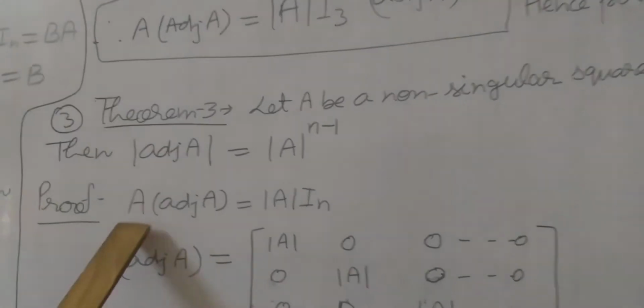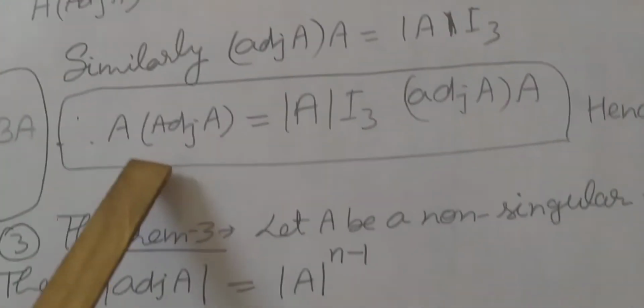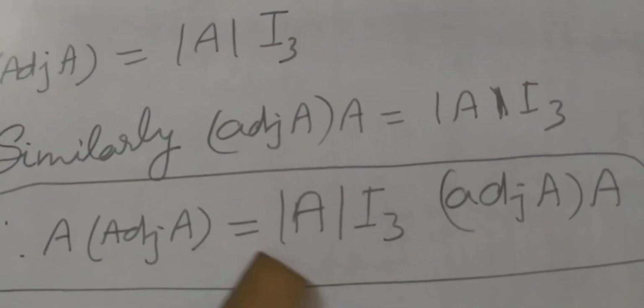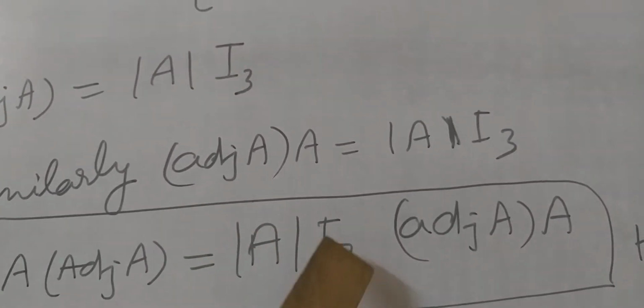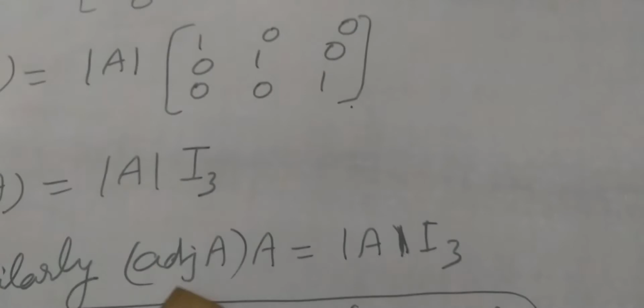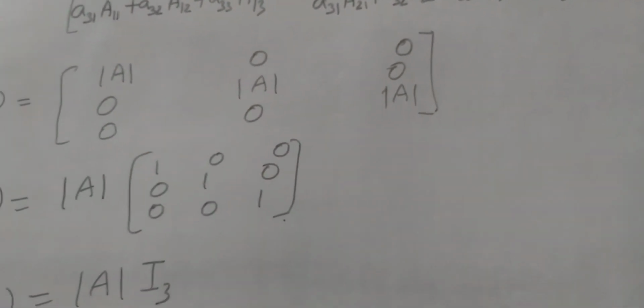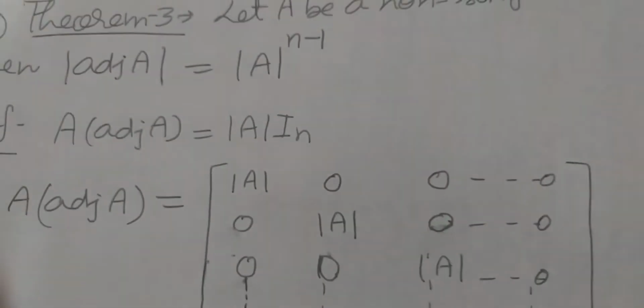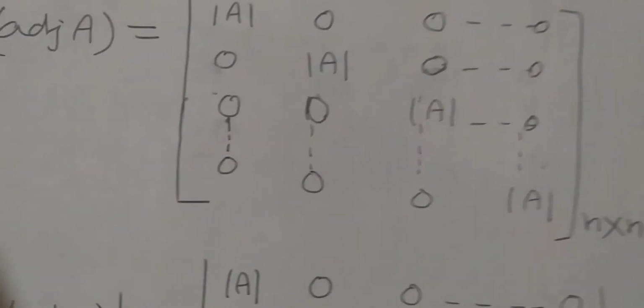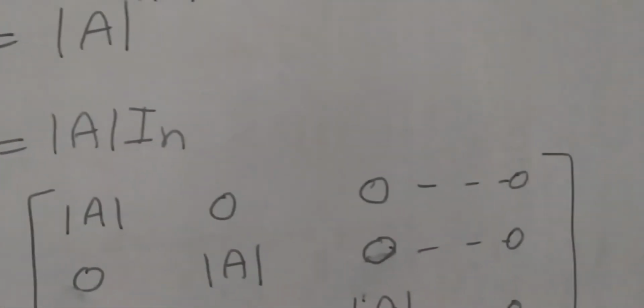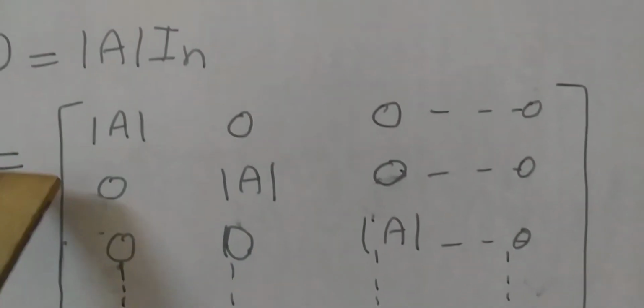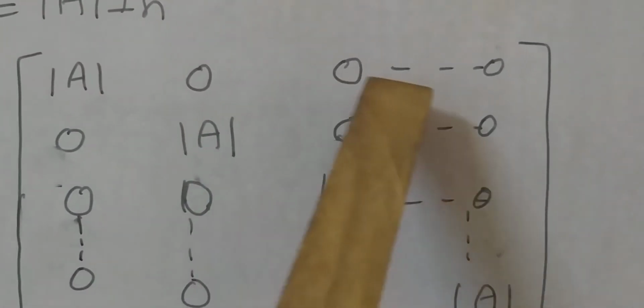So A into adjoint A as it is, students. At this place I will write this part. Correct. So this part I have written here, of order n. That's why I have written some parts.